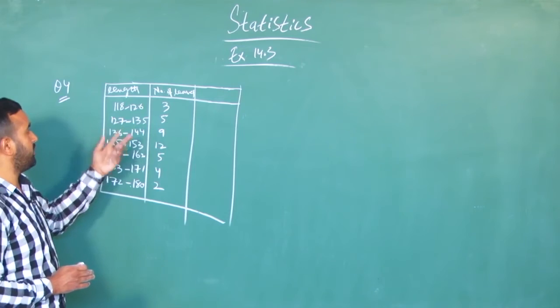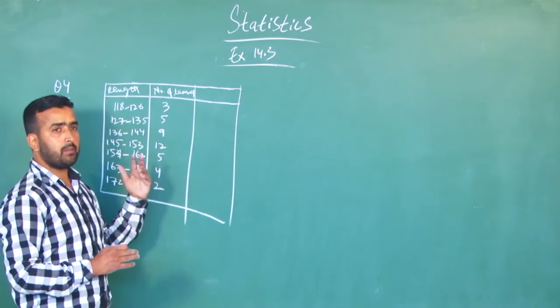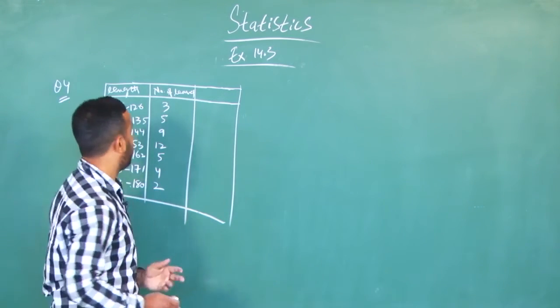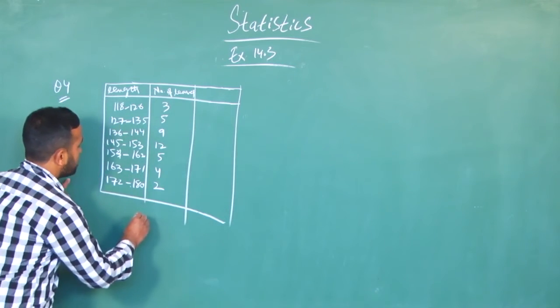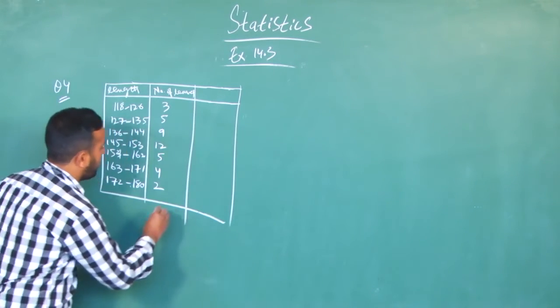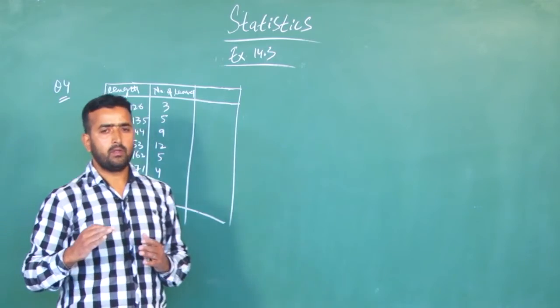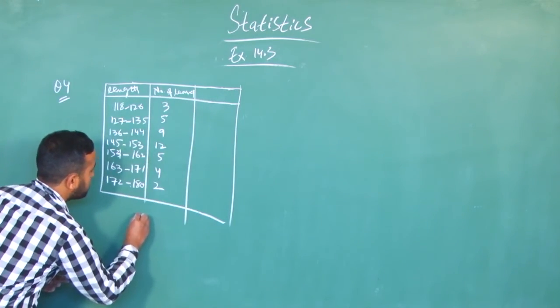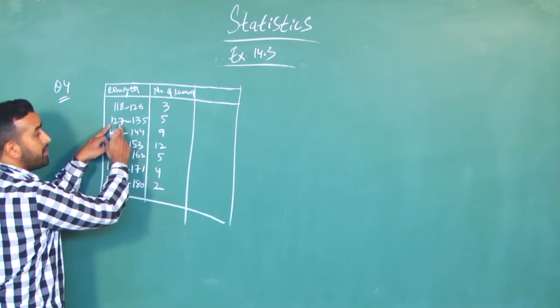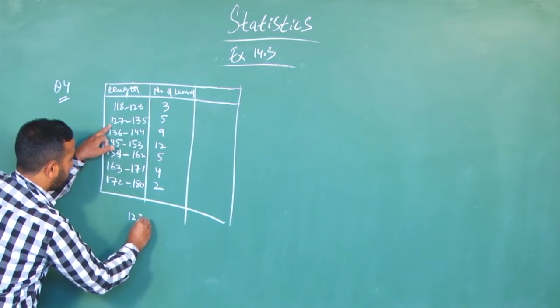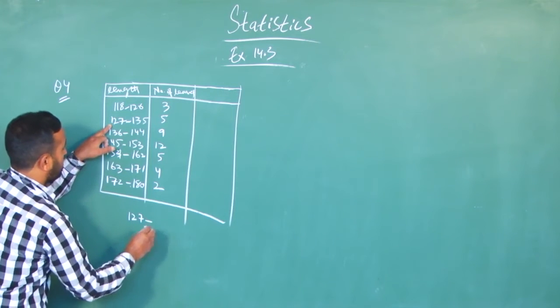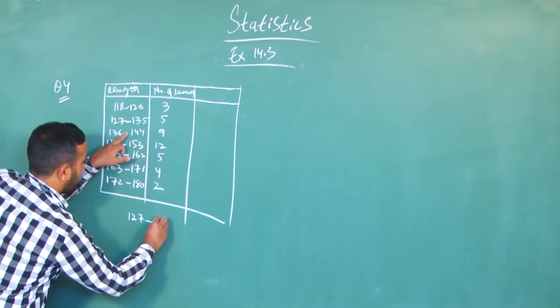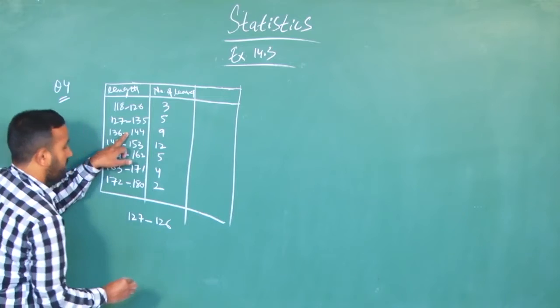This is very important to understand here, how this data can be transformed into continuous form. For any data that is discontinuous, to make it continuous, let us see what the lower limit of the next class is. That is 127. That is to be subtracted from the upper limit of the previous class.